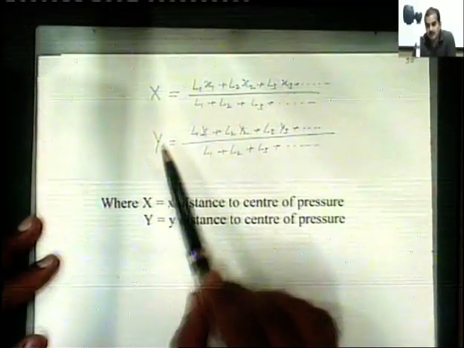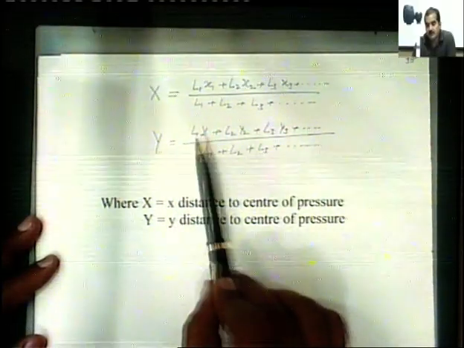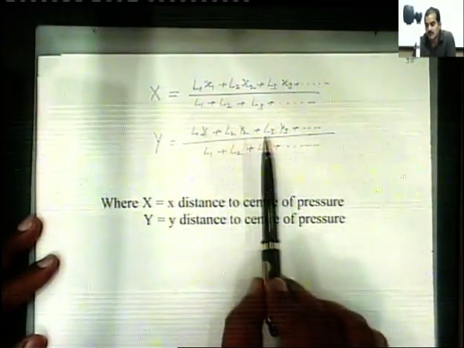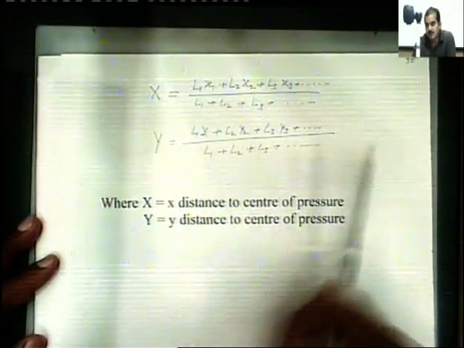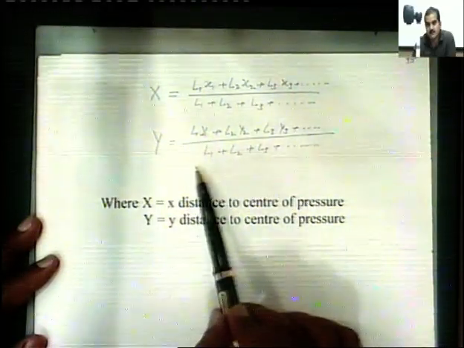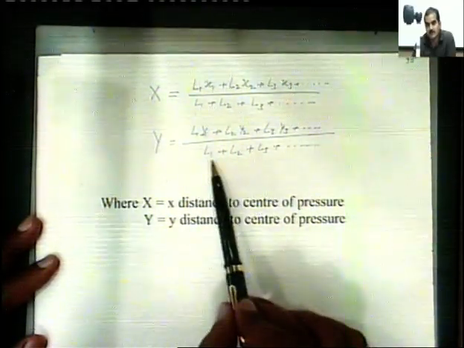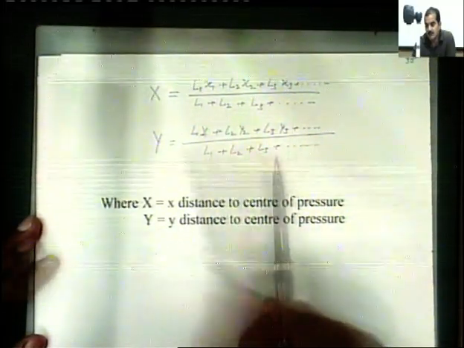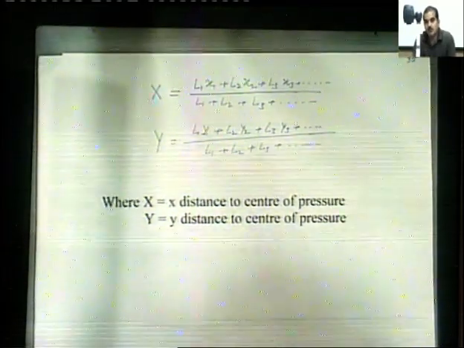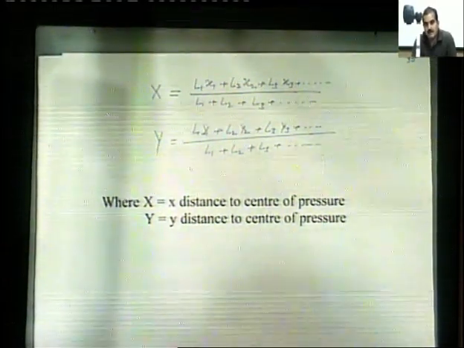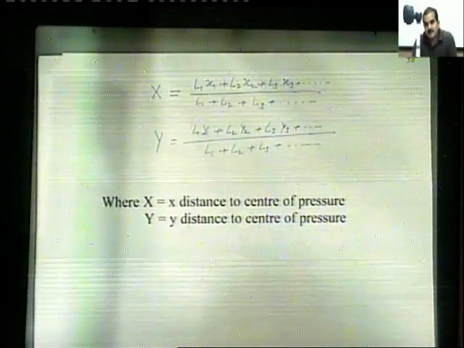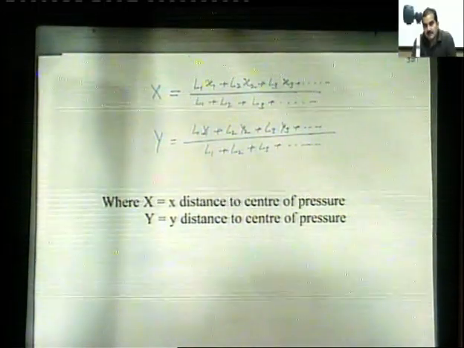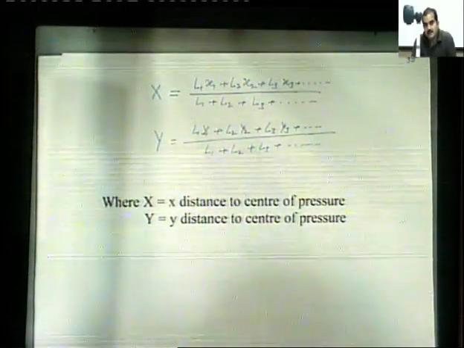Similarly, the y component is calculated by L1 multiplied by y1 plus L2 multiplied by y2 plus L3 multiplied by y3 and so on. Similarly, it is divided by the summation of the lengths, L1 plus L2 plus L3. Then we get two coordinates, one is the x coordinate and second is the y coordinate. These are the distances of the center of pressure from the y axis and x axis.